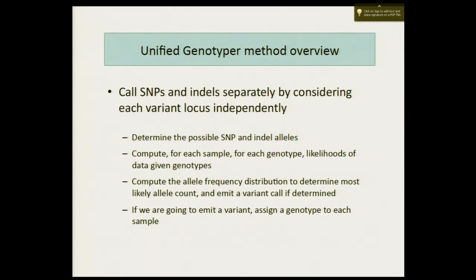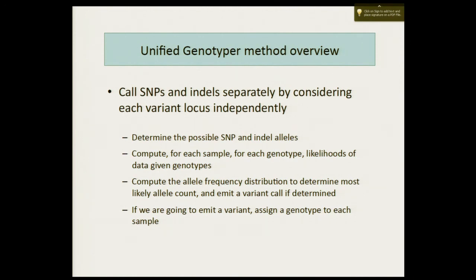Now, the UnifiedGenotyper, what it does, as I was saying, is that for each locus, so for each genomic position that you run it in, it's going to first determine the possible SNP and indel alleles. It's going to compute for each of the samples that you give it the likelihood of the data given all of the possible genotypes at a location.